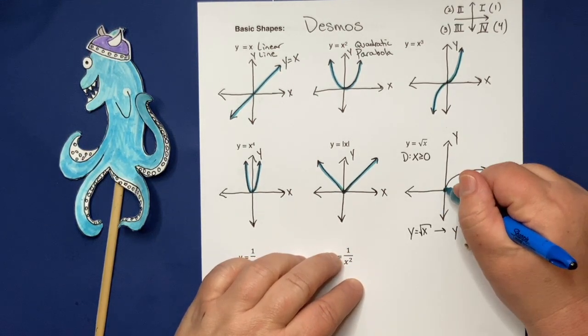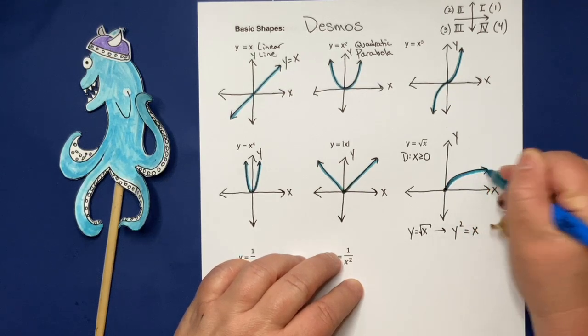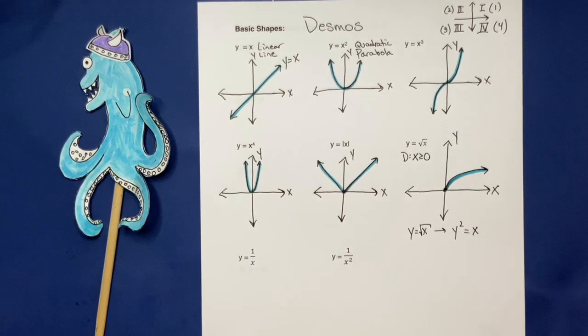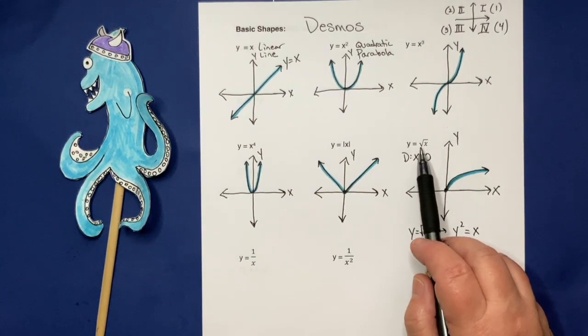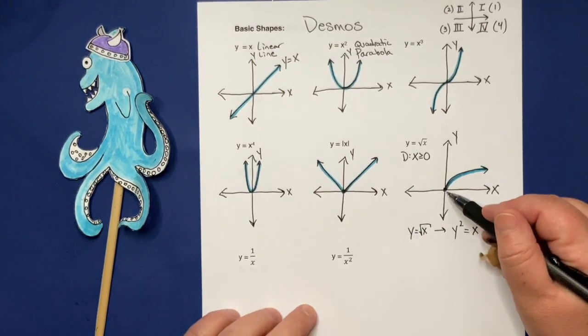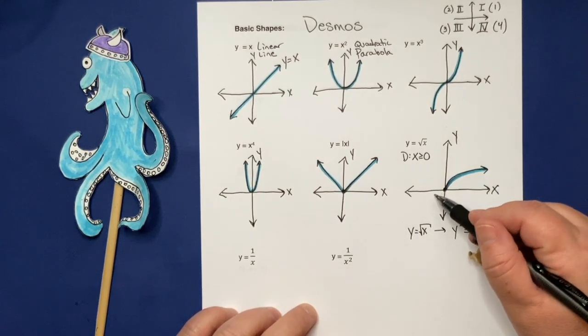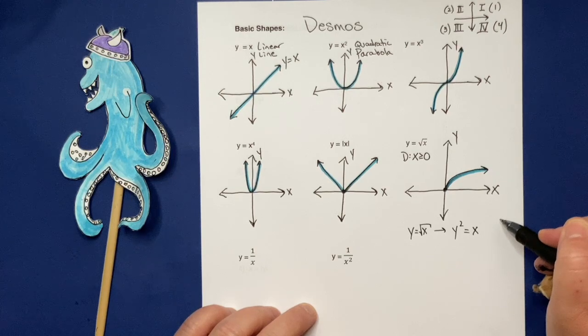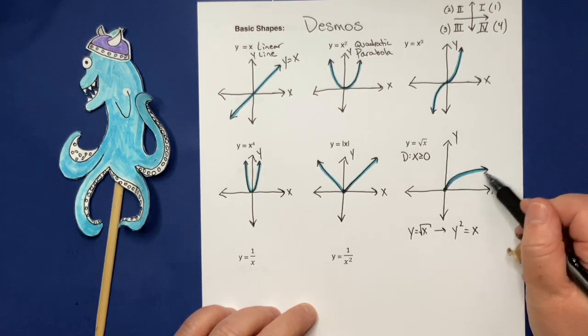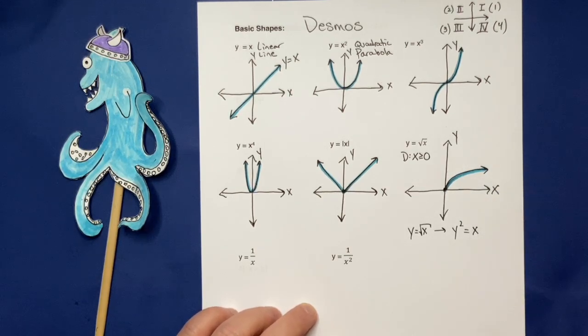Because why is it only half of the parabola? This is an interesting question to ask. It's only half of the parabola because remember, when we do radical, we only choose the positive side. We're not also choosing the negative. So they're actually two halves, the positive and the negative. That's where it goes. Okay.